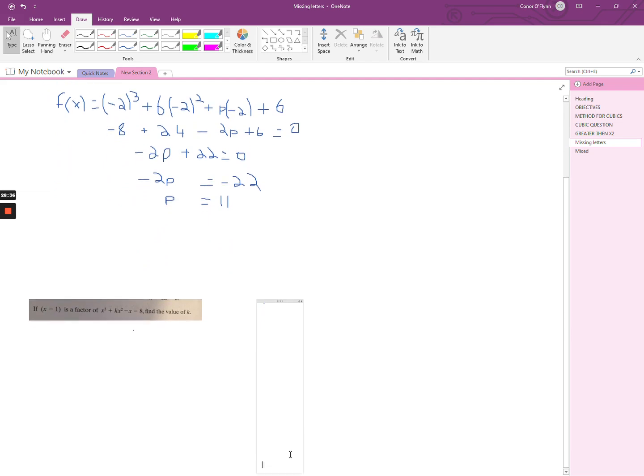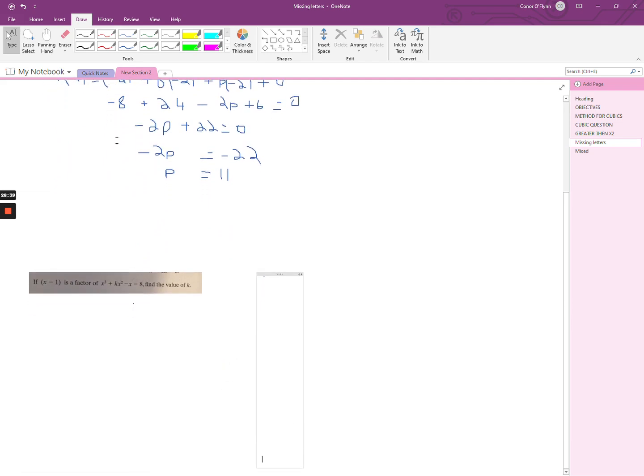So if x minus 1 is a factor, find k. Right, so it's that same thing again. If x minus 1 is a factor, that means 1 is a root. So we'll write our f of x. I will sub in, just write the equation here. So we're going to say f of 1. So f of 1 goes in this function. So I sub in 1 here, 1.